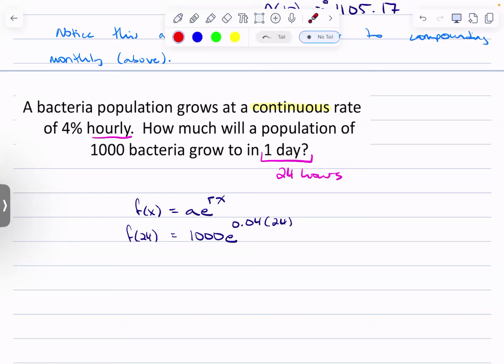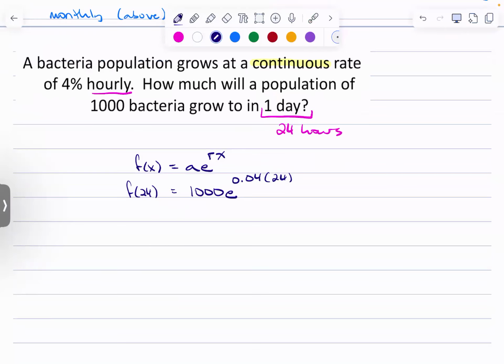Making sure you simplify the power first and then do e to the power of that and then times 1,000, no other order. 0.04 times 24 is 0.96, so e to the 0.96. Now e to the power of that guy times 1,000.